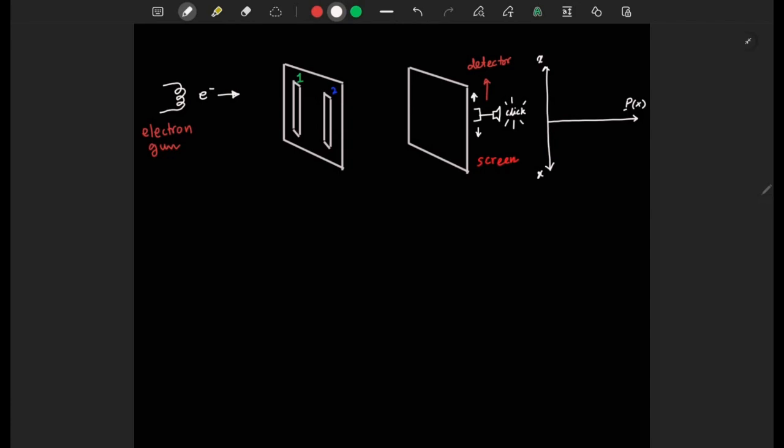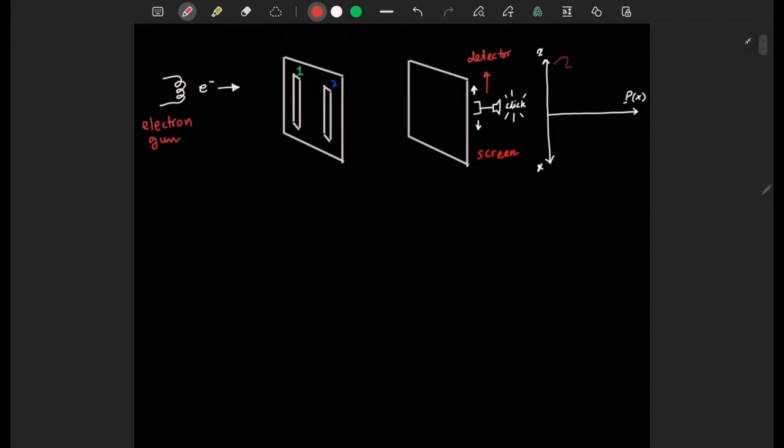But quantum mechanics is so weird that what you actually see is something like this. This should be a little bit lower, but okay, you get the point. Basically, you don't see what you expect. You don't get a normal distribution like you did before, but rather you get this weird kind of shape.